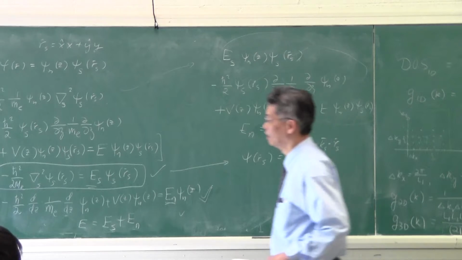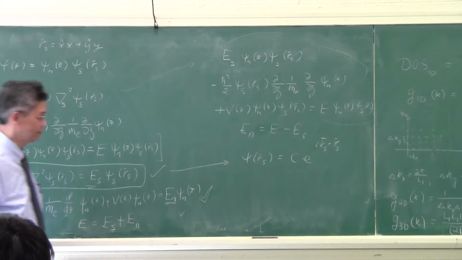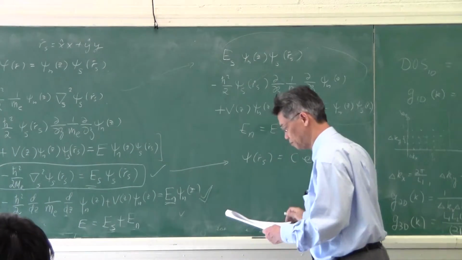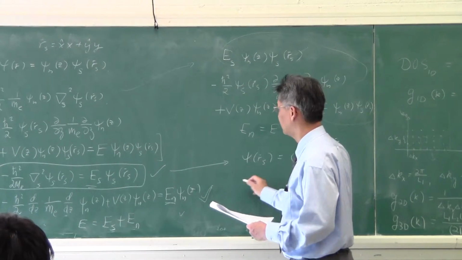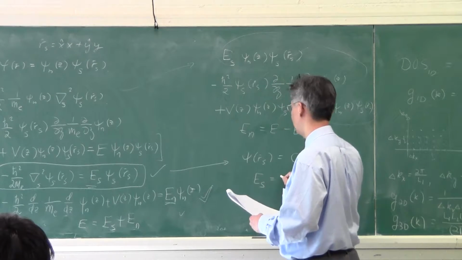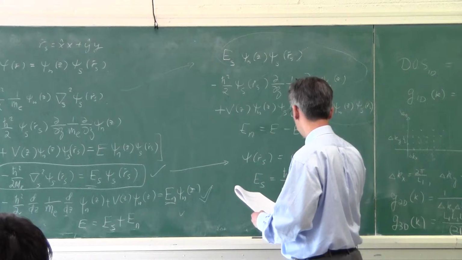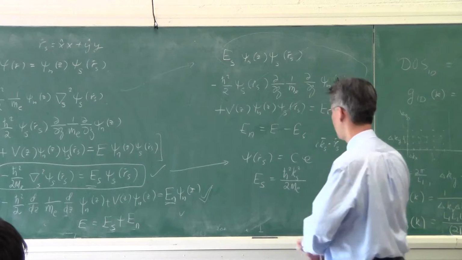So this is a wave that is propagating in the x and y direction. You have a layered medium in the z direction, but there will be a mode that propagates in the x and y direction. This might be y, this might be x. This is the transverse wave function. And then you can plug that into this equation, and you will get E s must be equal to h squared k s squared over 2 m e.